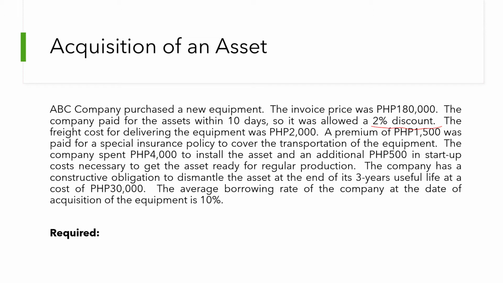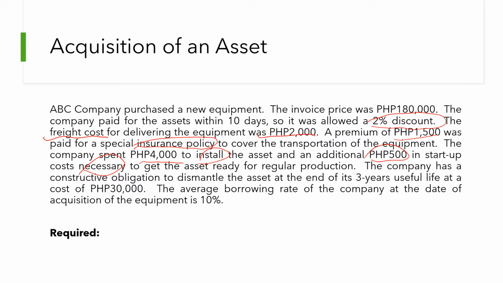The freight cost for delivering the equipment was 2,000 and a premium of 1,500 was paid for a special insurance policy to cover the transportation of the equipment. The company spent 4,000 to install the asset and an additional 500 in startup necessary to get the asset ready for regular production.